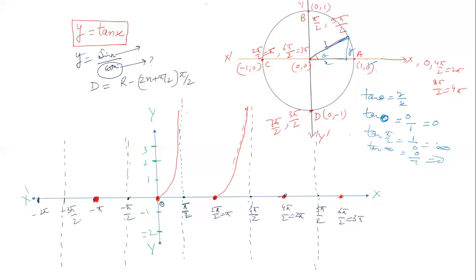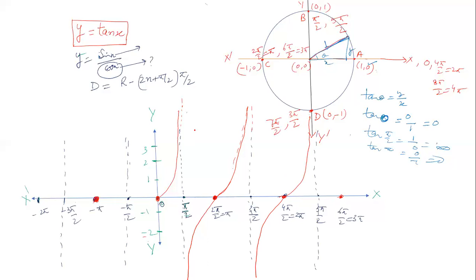From pi by 2 to pi is the second quadrant, where tangent is negative, so it will go like this. Similarly, 3 pi by 2 to 2 pi is the fourth quadrant, where tangent is negative. And 2 pi to 5 pi by 2 is again the first quadrant. It will go like this.